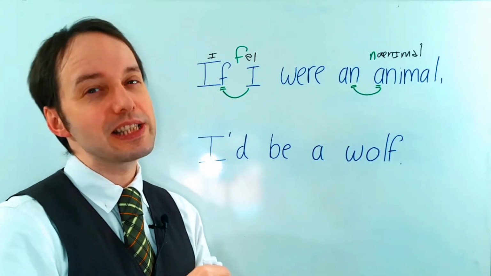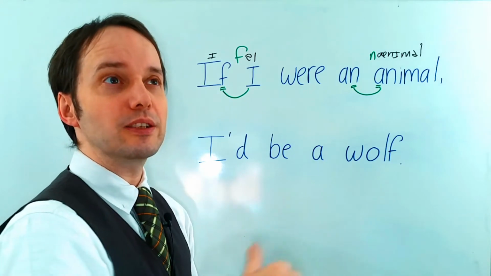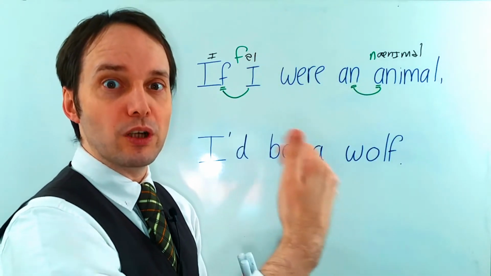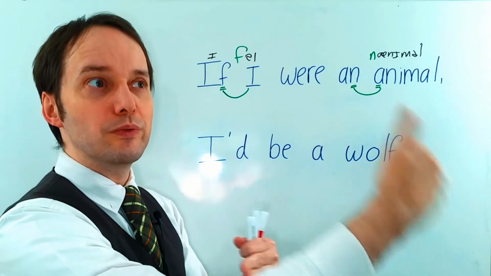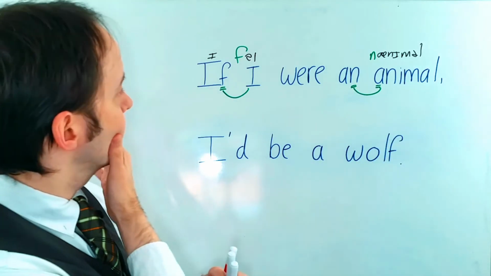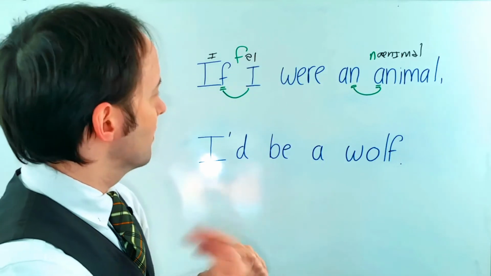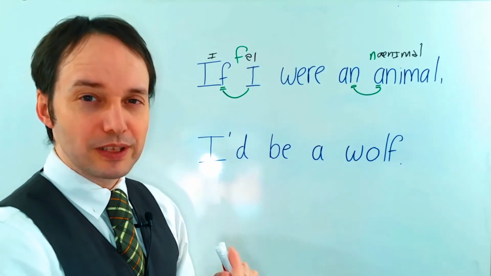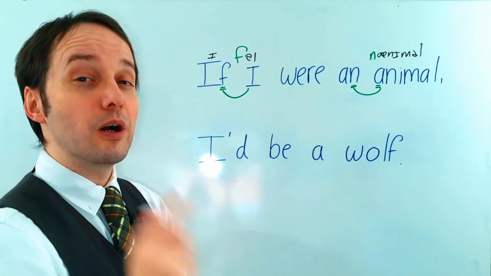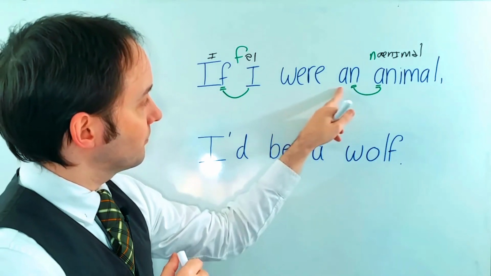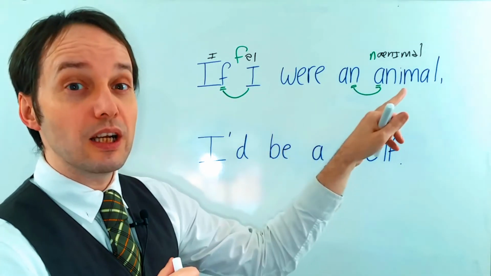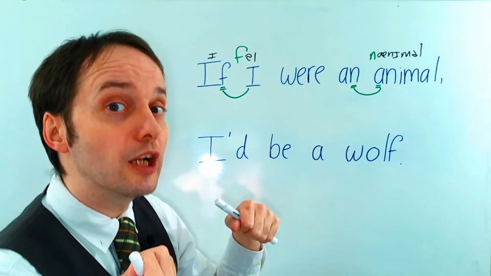So where is the third? Remember I said it's where there is a final consonant sound moving to the beginning of a vowel sound. But Lee, there are no examples of this. Actually there are. It's here. Were an animal.